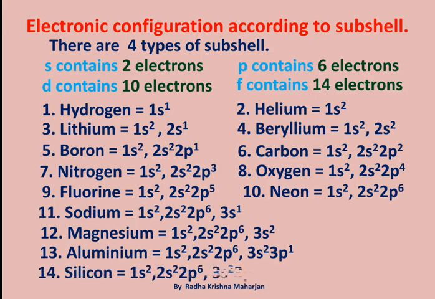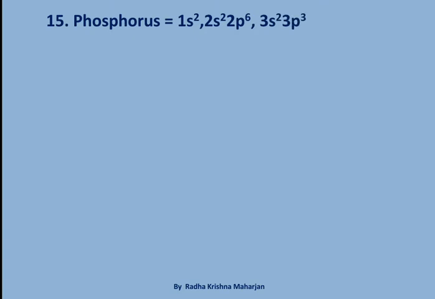14. Silicon 1s2 2s2 2p6 3s2 3p2. 15. Phosphorus 1s2 2s2 2p6 3s2 3p3. 16.